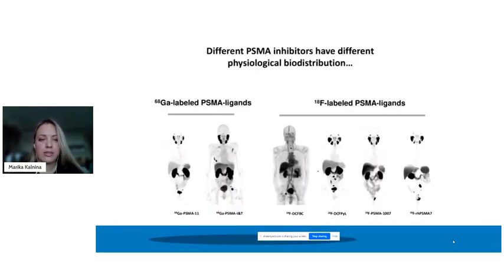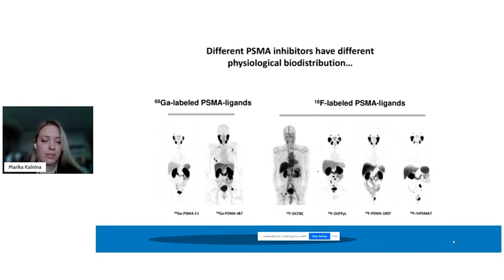Again, if we talk about gallium-labeled and fluorine-18 labeled PSMA ligands, there is a small difference. Most of them are highly expressed in salivary glands and lacrimal glands, and are excreted through urine and through the liver. But for gallium, urine is the first way of excretion, so it goes through the urinary bladder.